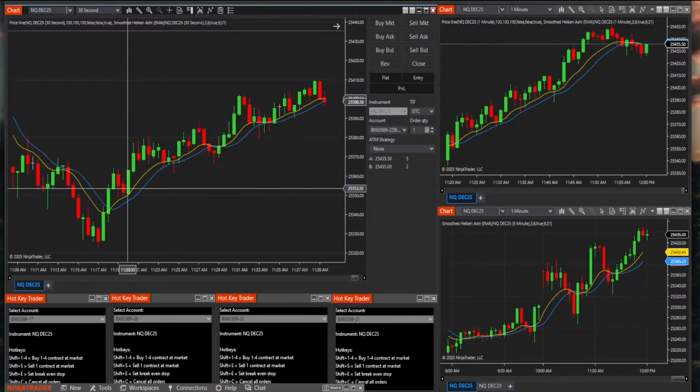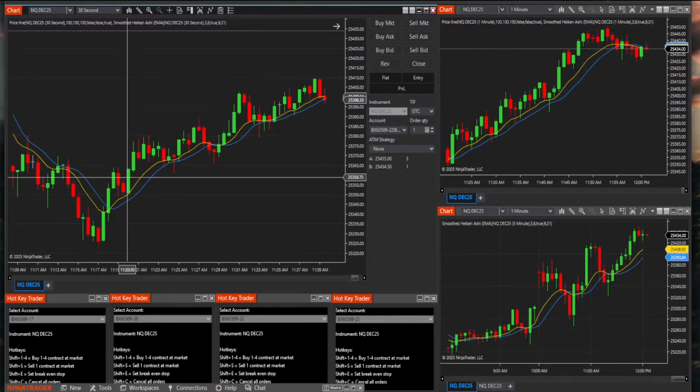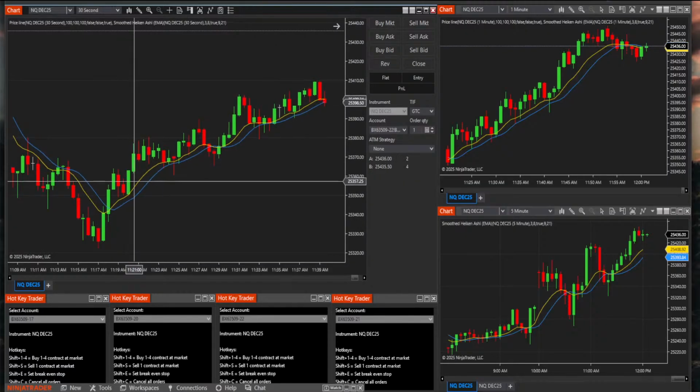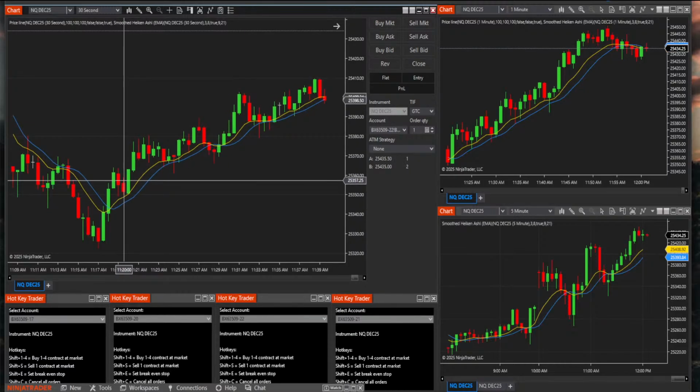As soon as it breaks one tick above that high right there, it automatically gets you in. You don't have to do it, because sometimes this thing's going to blow right past you, and you'll be filled up in here instead of down in there.